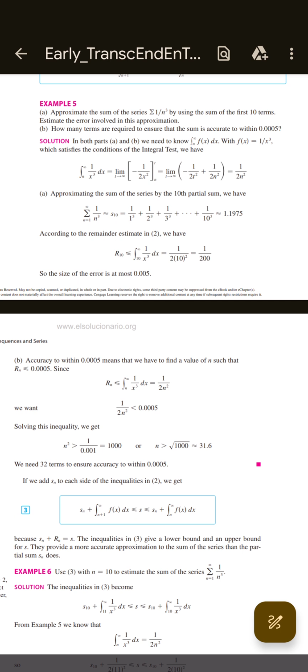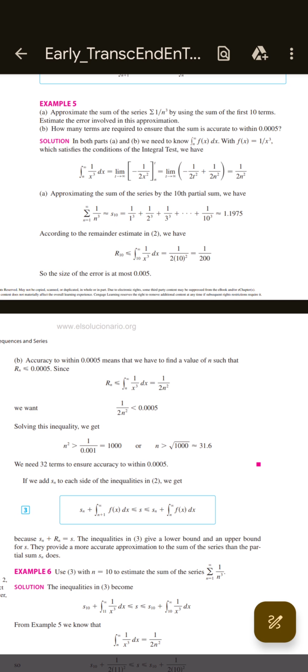We have the integral from n to infinity of 1 over x cubed dx equals the limit as t approaches infinity of [negative 1 over 2x squared] from n to t, equals the limit as t approaches infinity of [negative 1 over 2t squared plus 1 over 2n squared], equals 1 over 2n squared.